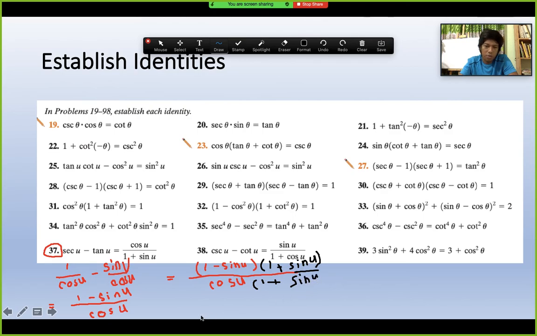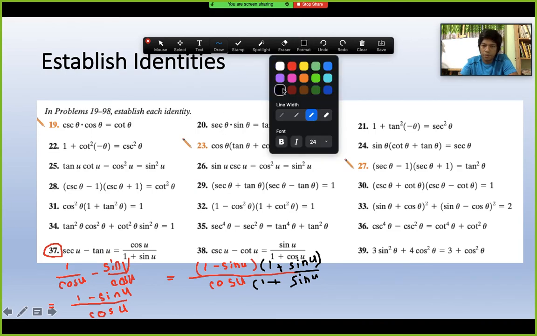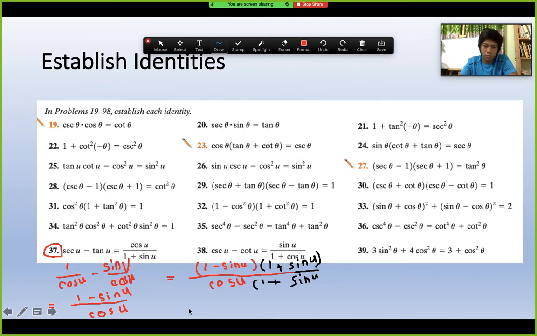So we have sin u here. Now we can continue the solution process. So we have 1 minus sin u, 1 plus sin u. Again, this looks like the a plus b into a minus b formula, which means a square minus b square.